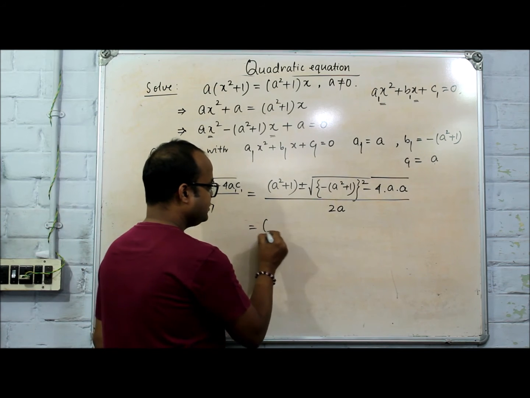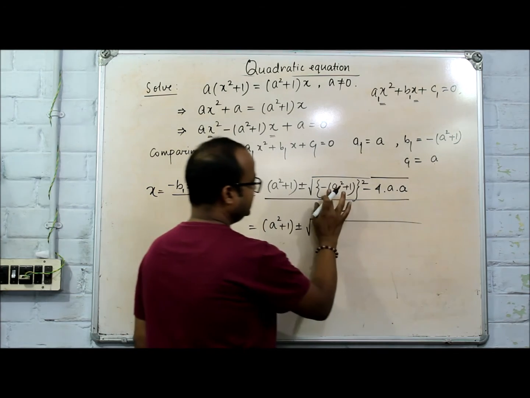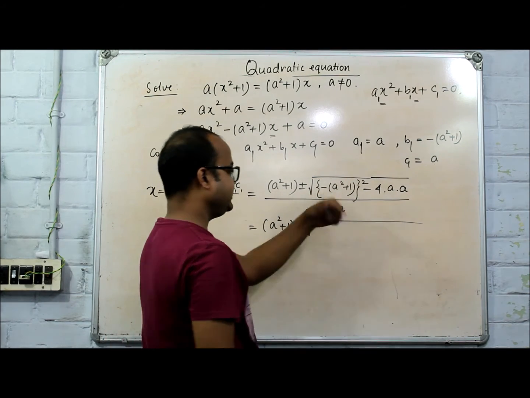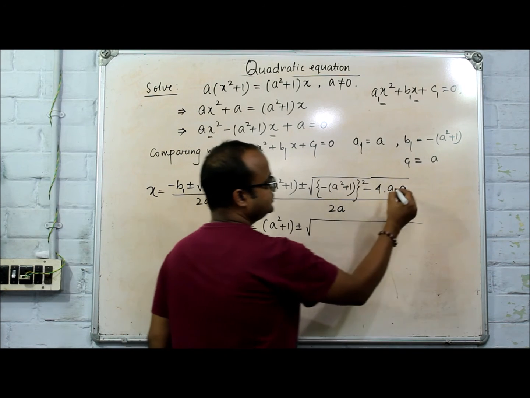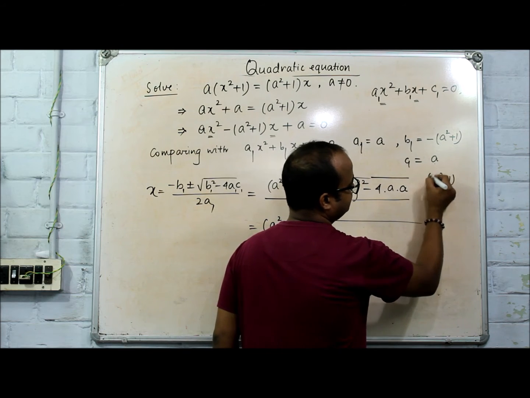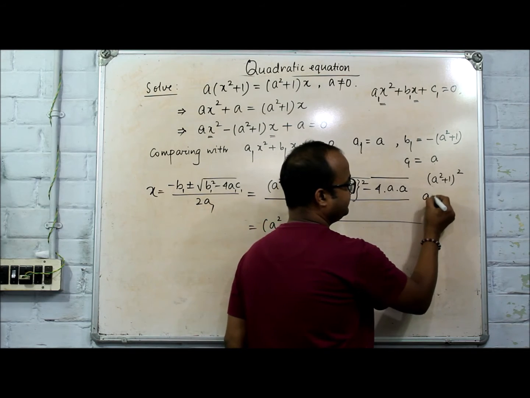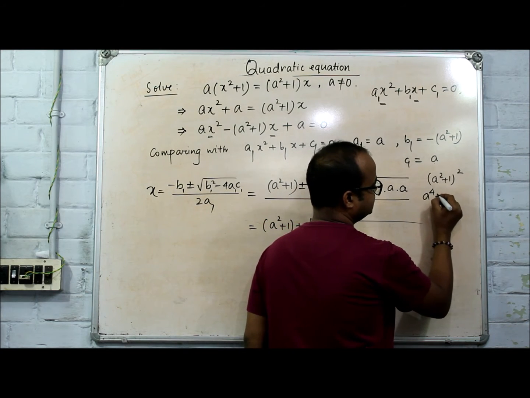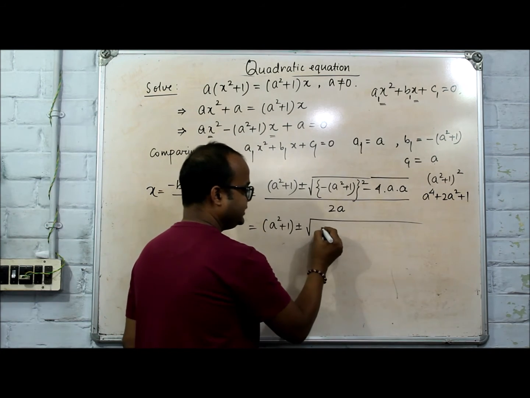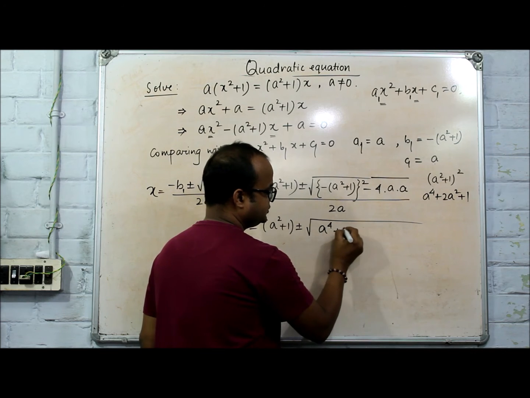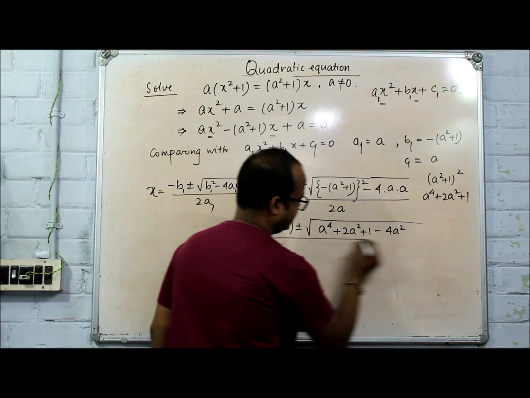So this is equal to a square plus 1 plus minus square root of, square of negative is positive, so it will be a square plus 1 whole square. If we expand this in the form of a plus b whole square, you get a to the power 4 plus 2a square plus 1. So we write a to the power 4 plus 2a square plus 1 minus 4a square by 2a.